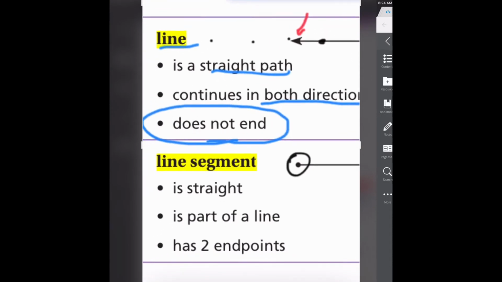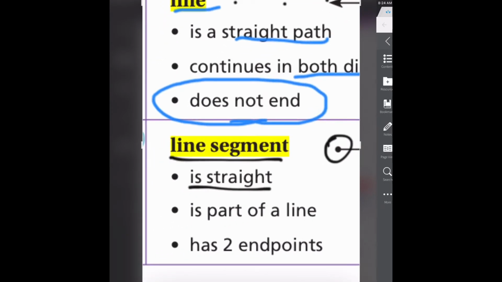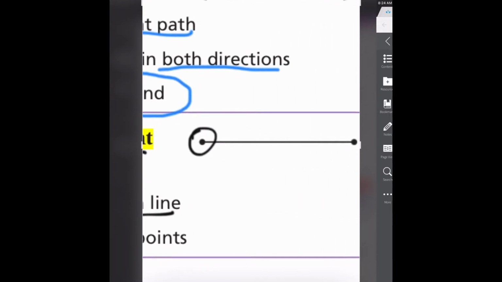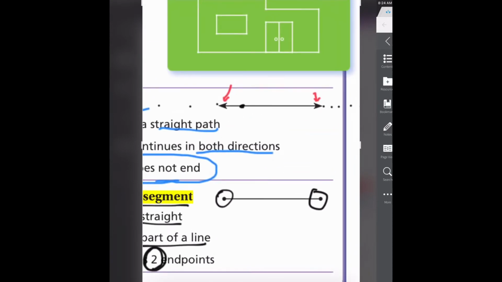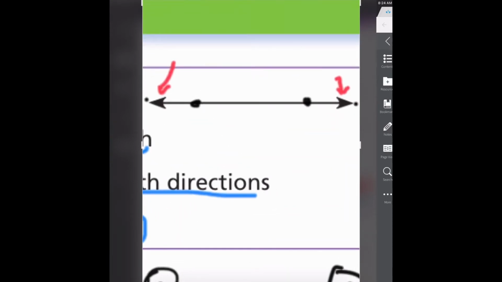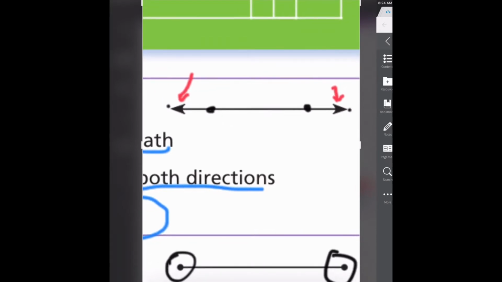And finally, we have line segment. It's straight, it's part of a line, and it needs to have two endpoints. So there's one that I circled already, and there's the other one, okay? Two endpoints. Now I can put two points here on this line, but again, because it has these arrows, that means the line continues on forever.